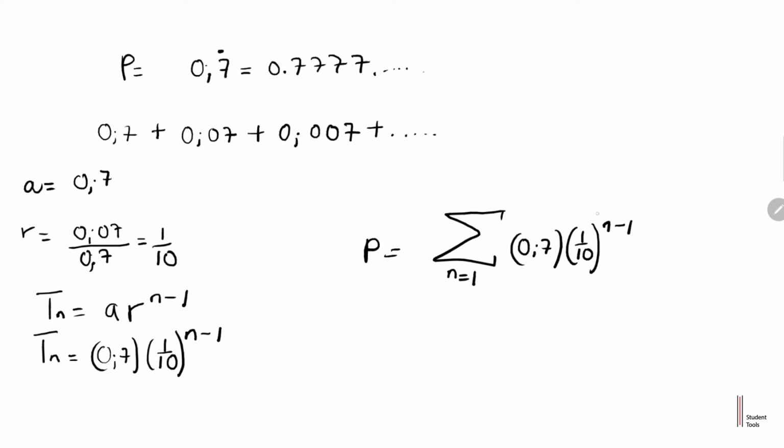And then how many terms do we have in the series? That is infinite. So that is just how we represent this in sigma notation. Okay, guys and girls, let us move on to 3.1.3.